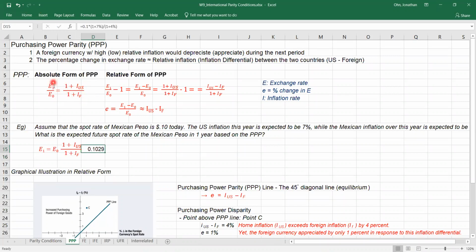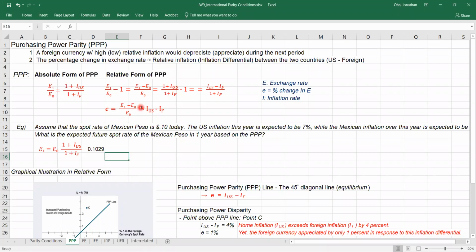That means E1 should be higher. Appreciate. That's what happened here. It was 10 cents, but expected to appreciate to greater than 10 cents based on the relative inflation. That's the first approach, using this complete form.